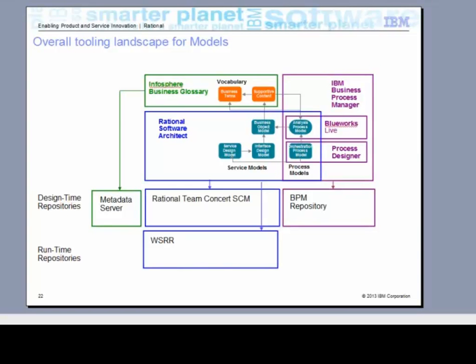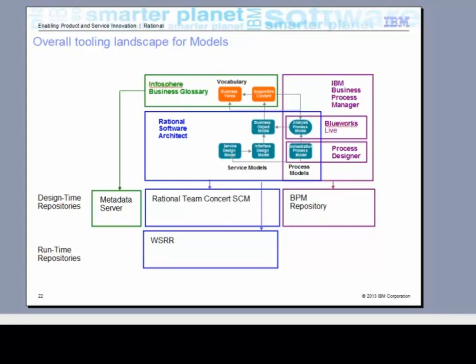It's actually served out by InfoSphere's business glossary, which has a plug-in into RSA so that you can use those glossary terms if you need to modify them or trace them to other parts of your service, business model, or data model landscape.